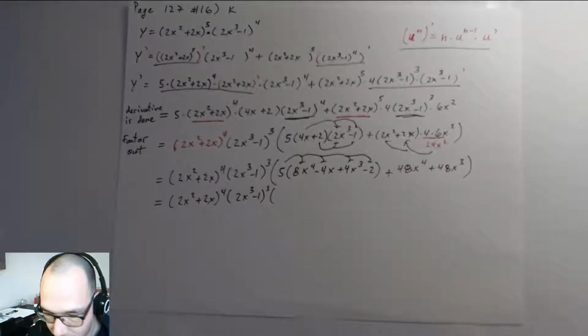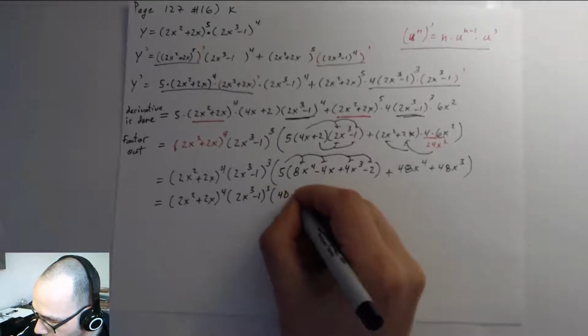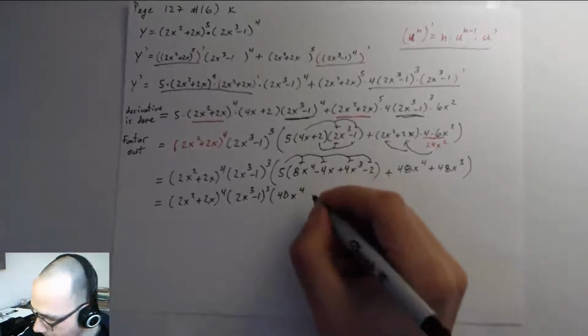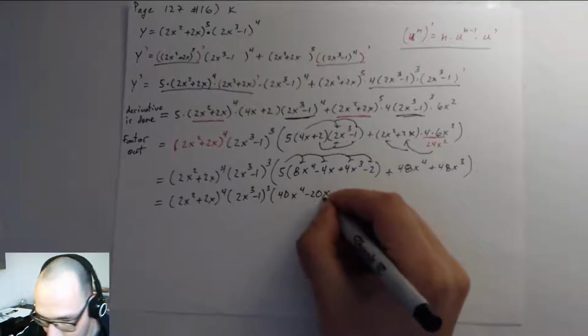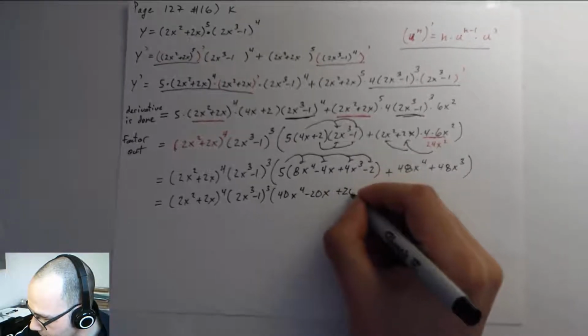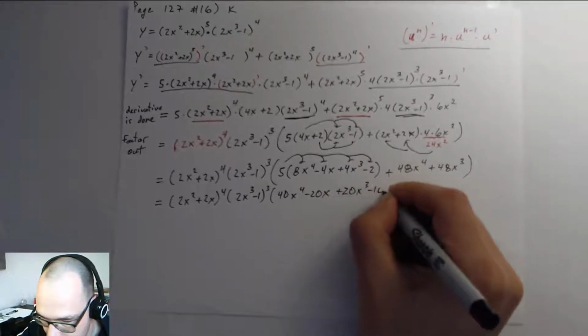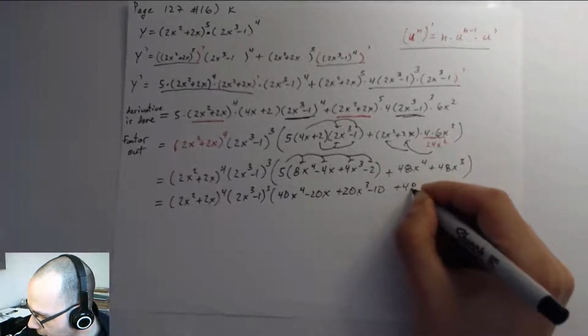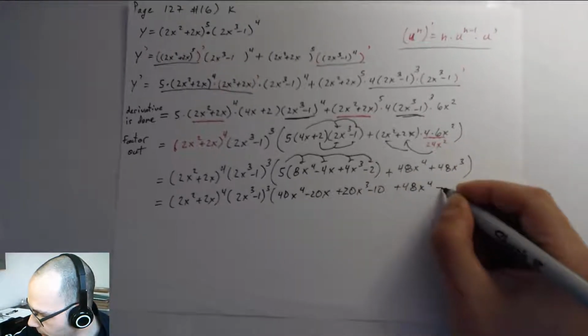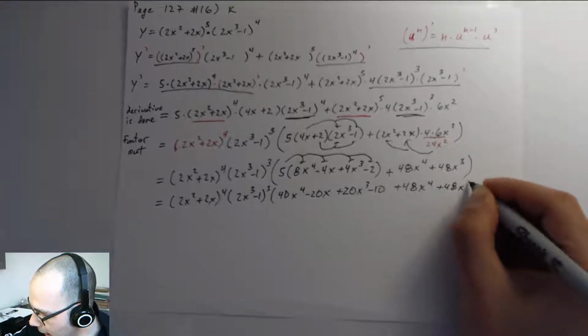Then I expand my 5, so it's going to be 40x to the power of 4 minus 20x plus 20x cubed minus 10 plus 48x to the power of 4 plus 48x to the power of 3.